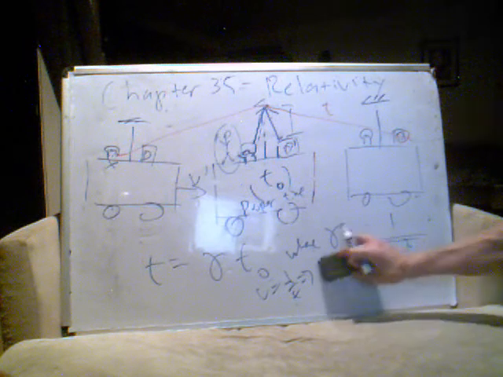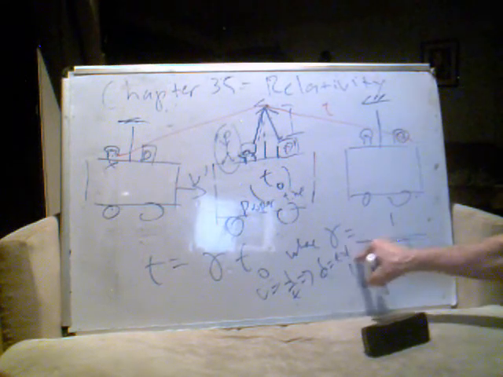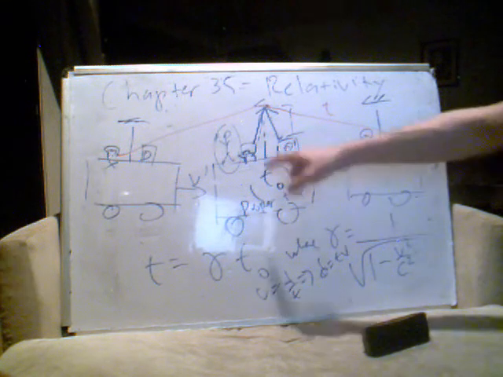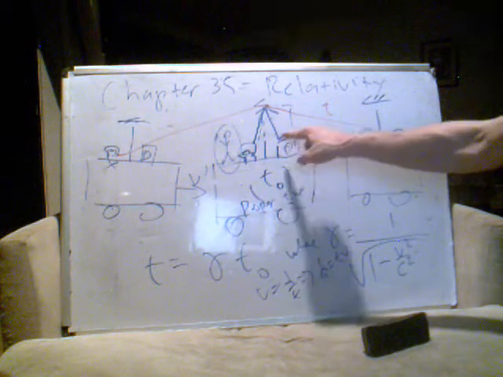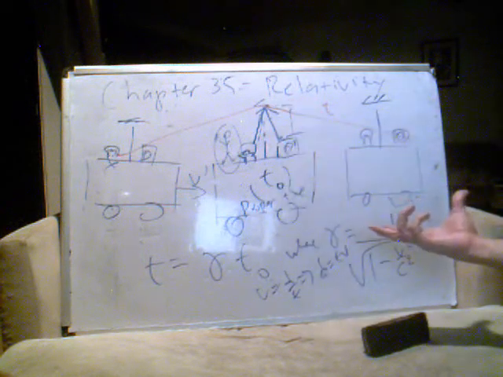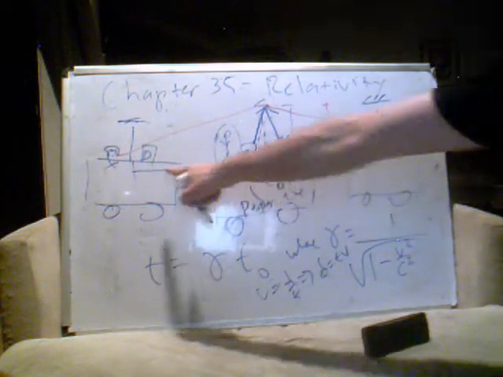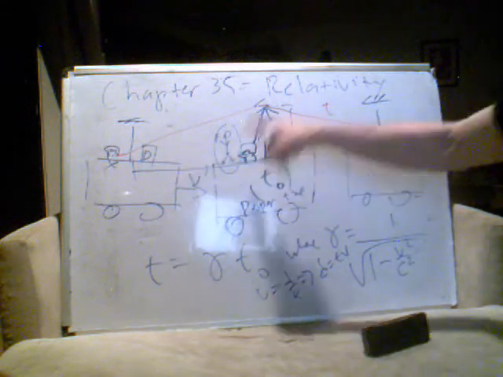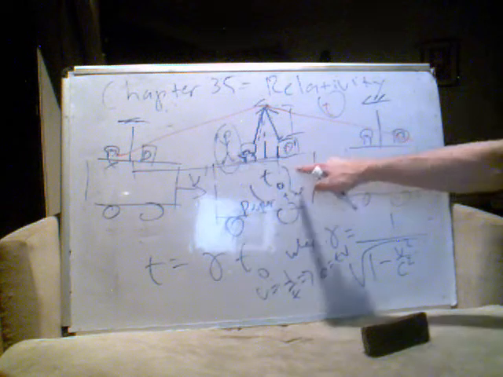I'm sorry. Let's look for the distance instead. Distance then is time times velocity, right? Now, if we wanted to figure out this distance, right, we take the proper time multiplied by the velocity, or c, right? And the horizontal piece, well, that's going to be the total time, right, this time, times the velocity of the train.